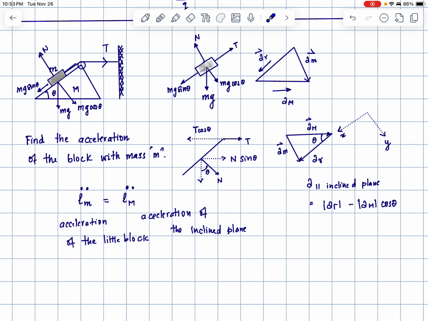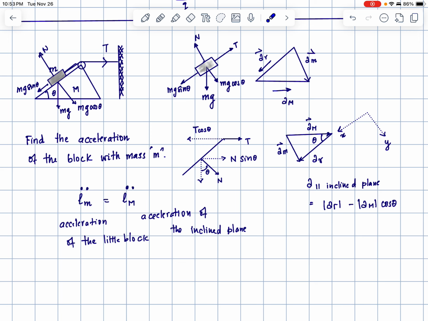Okay, basically because this component is resolved here, in order to do that, you take the acceleration a sub m and multiply by cosine of theta.